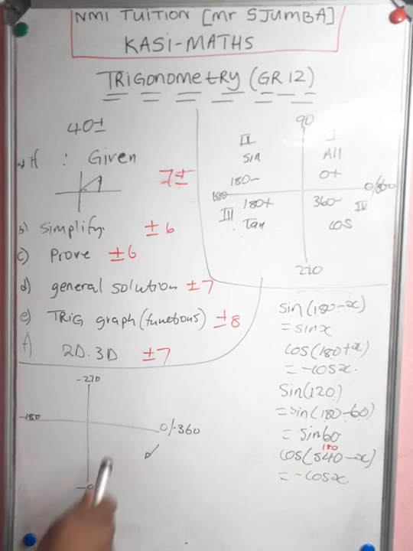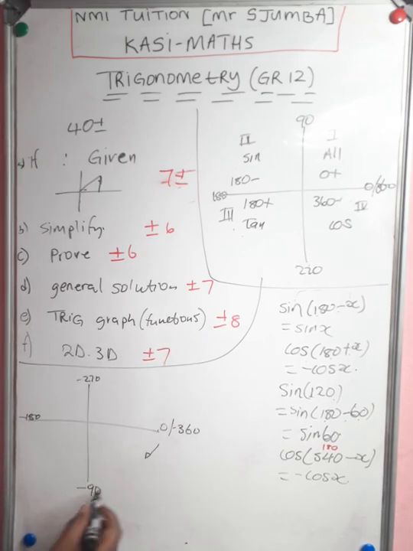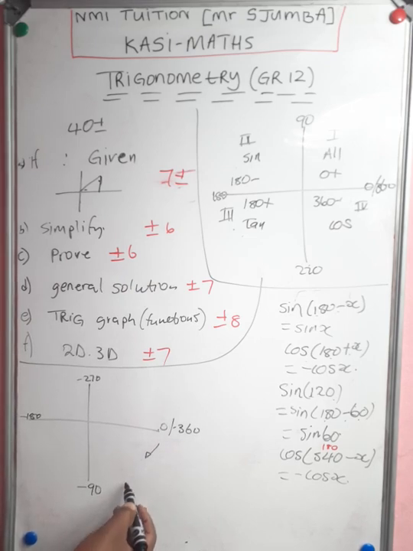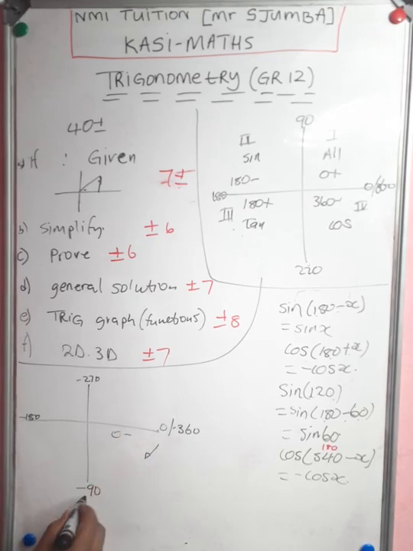So let's check how it moves. So from 0, if you are going to minus 90, it will be 0, minus 1, minus 2, minus 3, minus 4, minus 5. So it will be 0 minus.